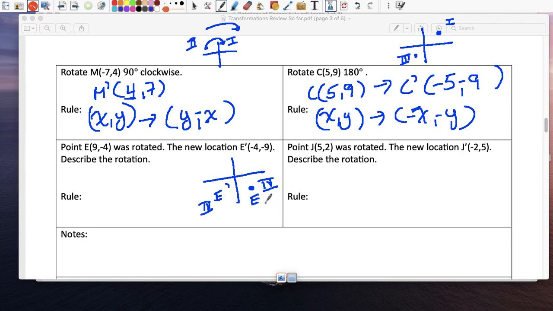It went from here to here. Describe the rotation. It was a rotation of 90 degrees. Was that counterclockwise or clockwise? It was 90 degrees clockwise, because we're going with the clock. So if you remember the rule that we just did for 90-degree clockwise, what happens with these two numbers? They switch positions.